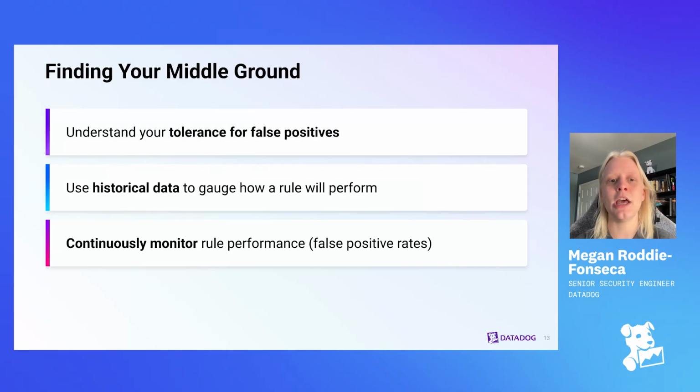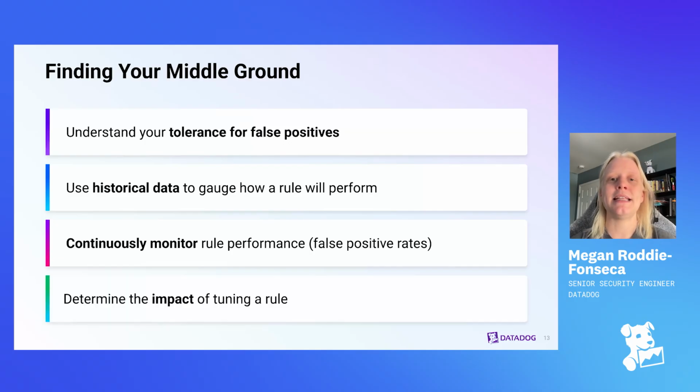And then lastly, determine the impact of tuning a rule. What I mean by that is that if I'm tuning a rule for a very high impact thing, so maybe it's bulk data exfiltration, if I start doing heavy tuning on that and narrowing the scope too much, the impact is great because if I miss that activity, the impact that it has is severe.